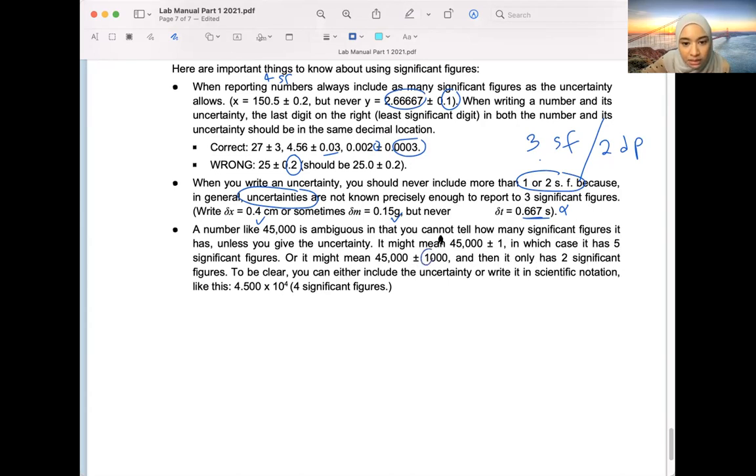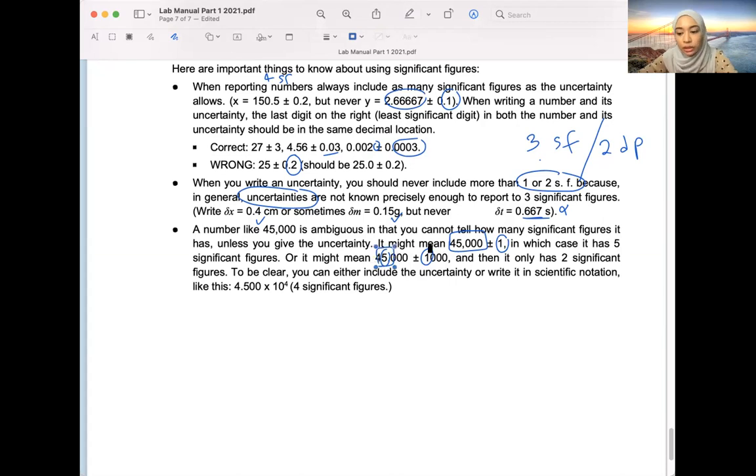Because what changes here is the 1,000, right? So 1,000 is only here. And only these two digits are meaningful. If we use 1, then all of this becomes meaningful. Because we add 45,001, 45,002, 45,003, and it can go up to 46,000. So all the digits in there become meaningful.